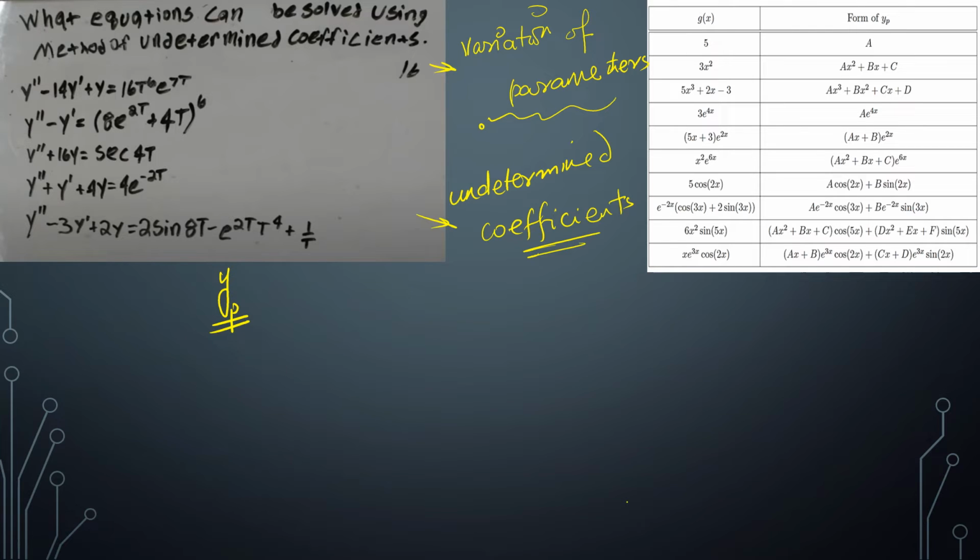Okay, so the first thing is, you will use variation of parameters if, for example, you have any second order differential equation, but on the right hand side you have functions like t or x to the power of 6 or e to the power of something.